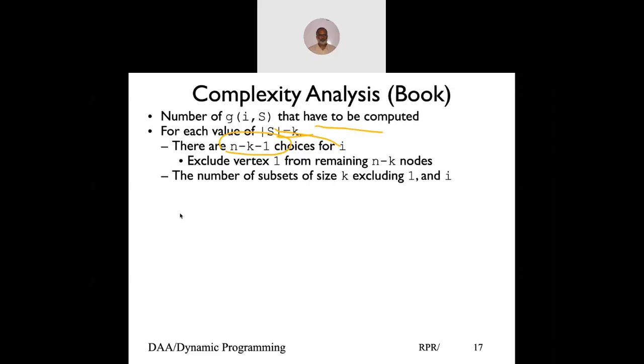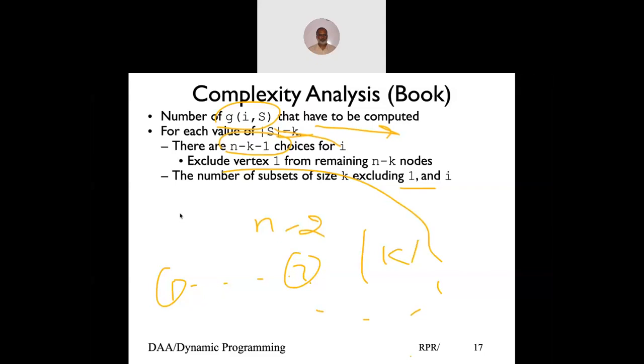Now, how many sets are there of size k? Once I look at the elements, I'm looking at the subset of size k excluding 1 and i, because I have already taken vertex 1 and I choose an i. So I'm left with n minus 2 vertices. I need to look at the set because I'm computing g(i, S). So from 1, I've gone to some vertex i, and then I'm trying to find some subset of vertices of size k.